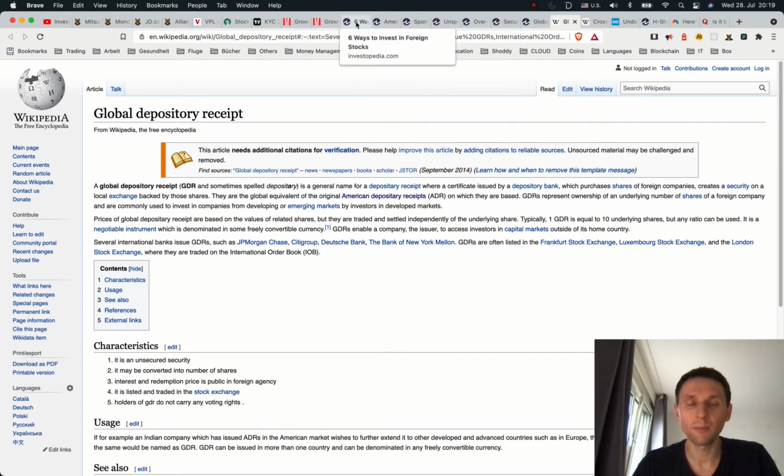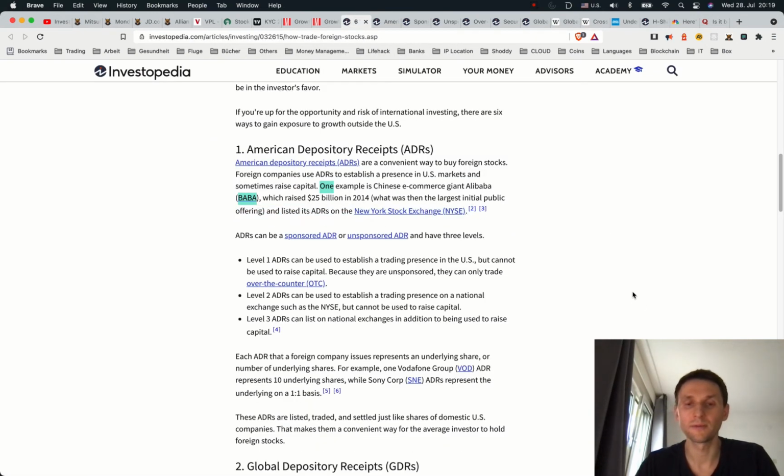To wrap it up, we have three different options to buy and sell foreign stocks. The first would be through ETFs. Second would be through ADRs, especially if you're in the United States. And ADRs could be traded on domestic or local stock exchanges like Nasdaq or NYSE, if those are of level 2 and 3.